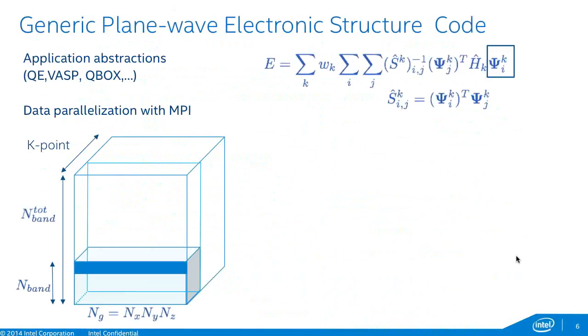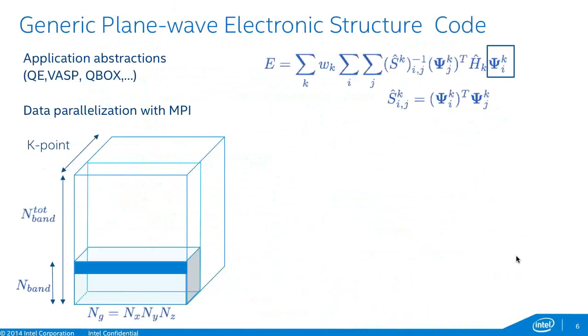So it means that in the computation we have to deal with this much data, and we will have to partition the data to be able to solve the problem. So the big partition issue is about how to distribute the K points, and also how to distribute the number of bands we are going to compute, and also how we are going to represent the internal vector.